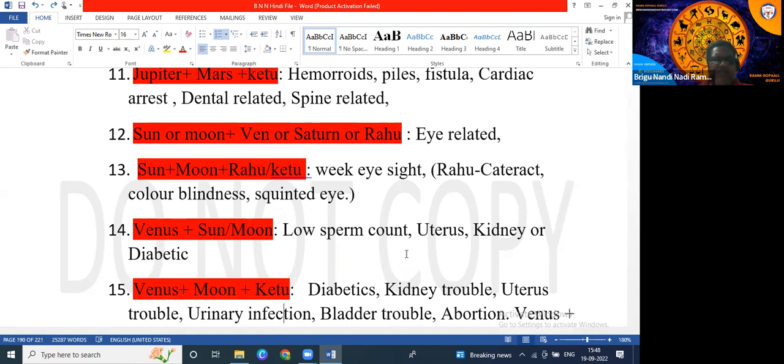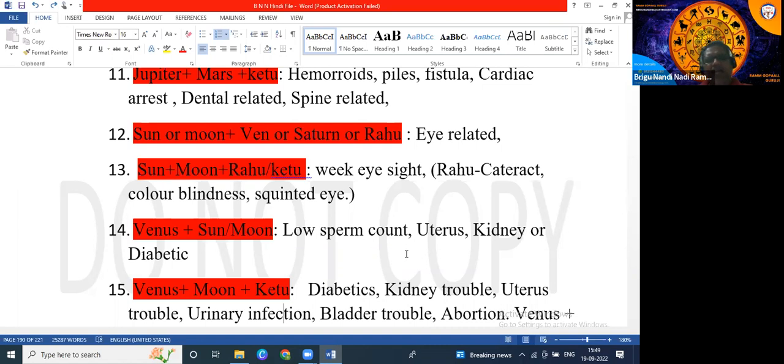kidney and diabetes. So pancreas, diabetes. So Venus is here, kidney and pancreas. Pancreas is an endocrine gland. So it secretes insulin. So low secretion of insulin leads to diabetes.